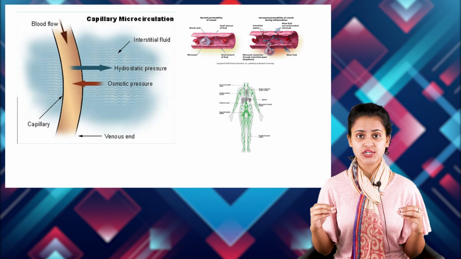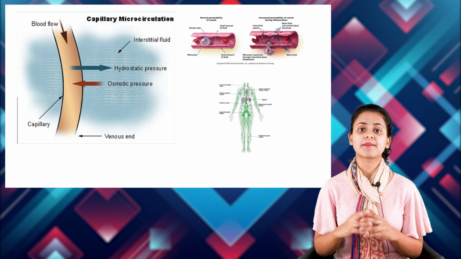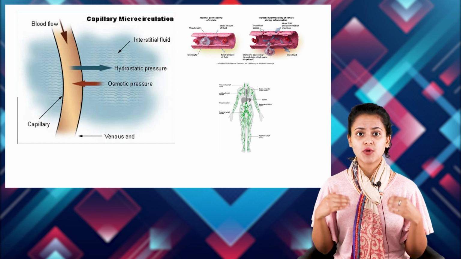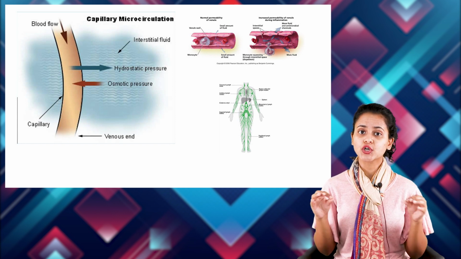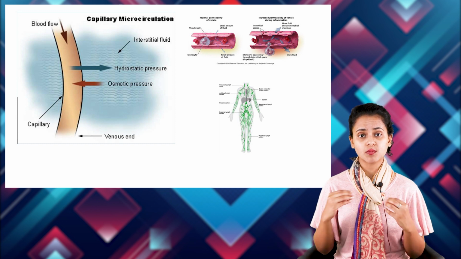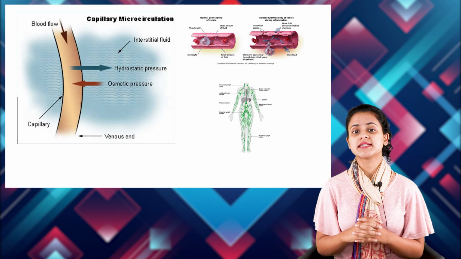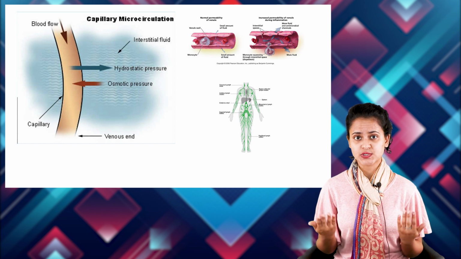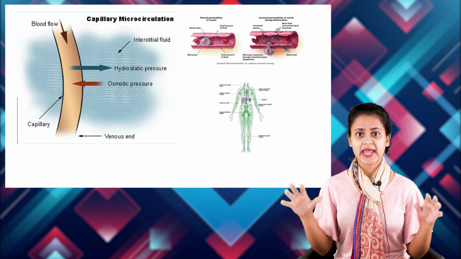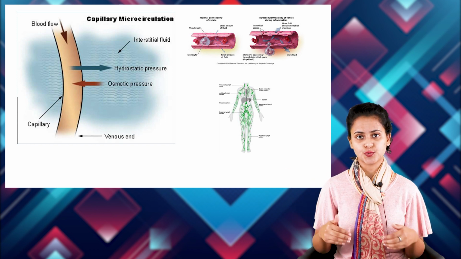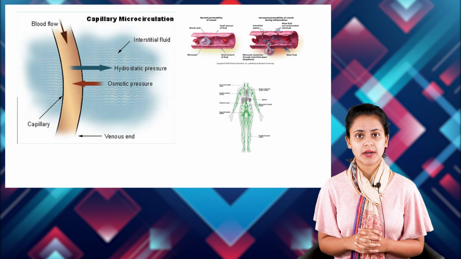Examples of conditions which increase capillary permeability include inflammation, which can be acute or chronic. That is the reason that almost always, associated with inflammatory changes, we see our client develop edema or excess accumulation of interstitial fluid due to increase in capillary permeability.